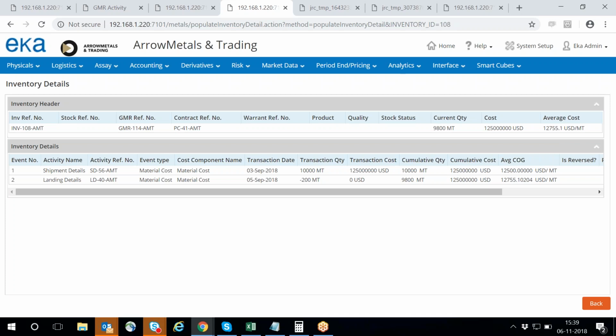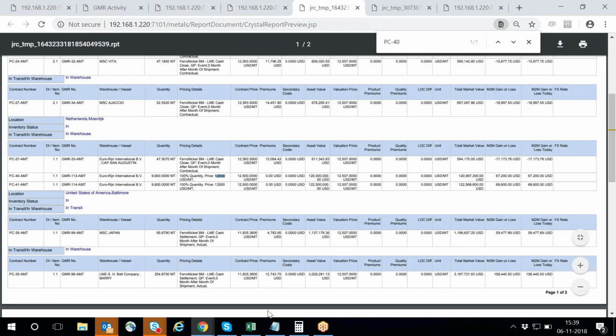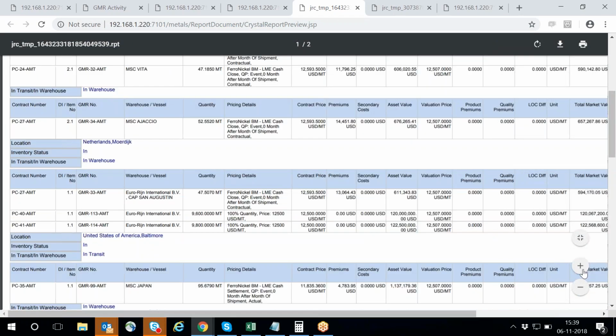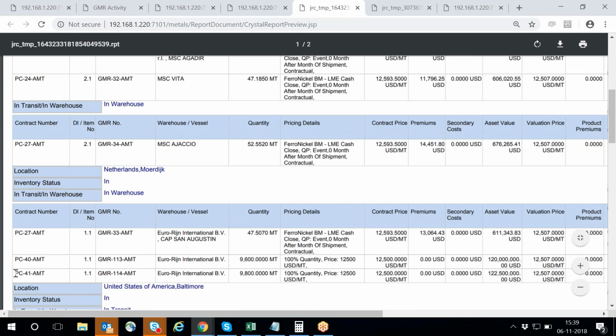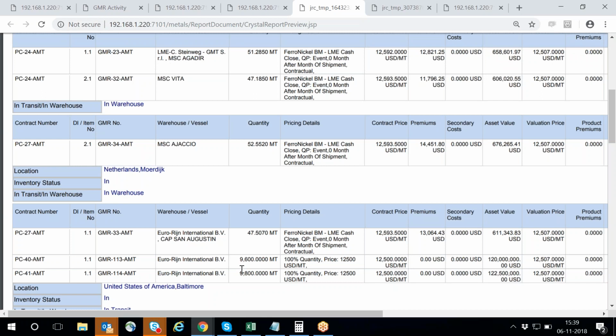Good. Okay, and as a simple case I'm showing the P&L report as well in this case. So we will have to make some changes here, Adam. If you see contract PC41, I'm referring to the inventory unrealized P&L report as we have landed it into the warehouse purchase stock. So if we see here, stock quantity is 9,800 and contract quantity is 12,500.